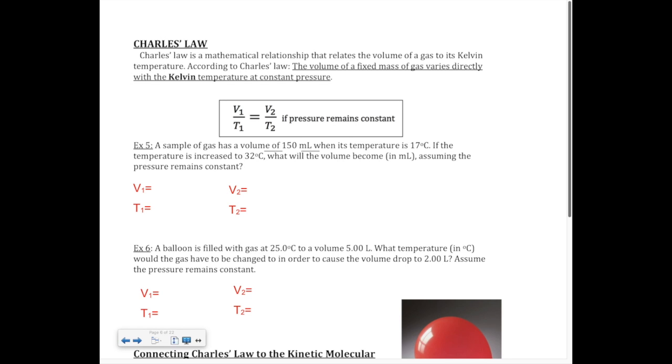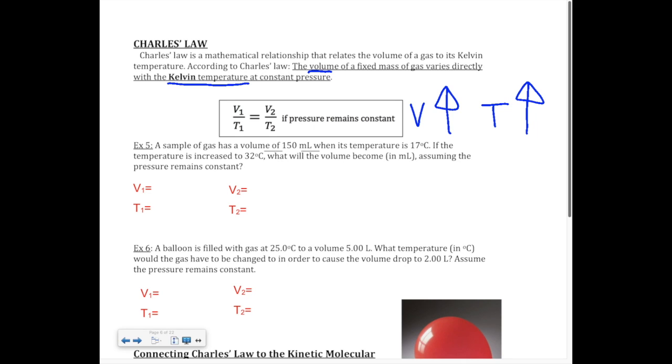Charles' law is a mathematical relationship between volume and temperature. Now, if volume increases, then that means temperature will increase. It says that the volume of a fixed mass of gas varies directly with the Kelvin temperature.